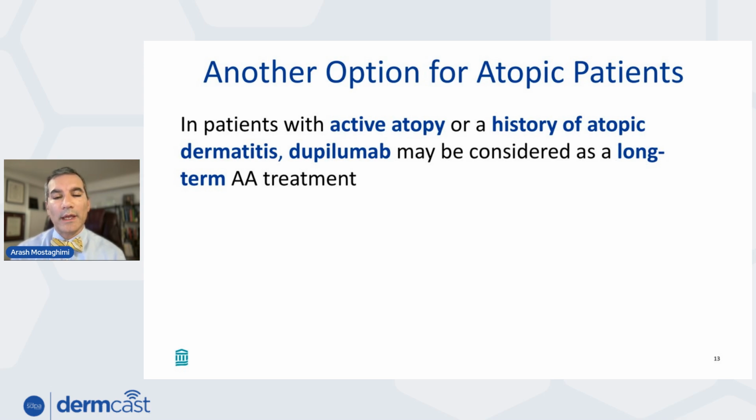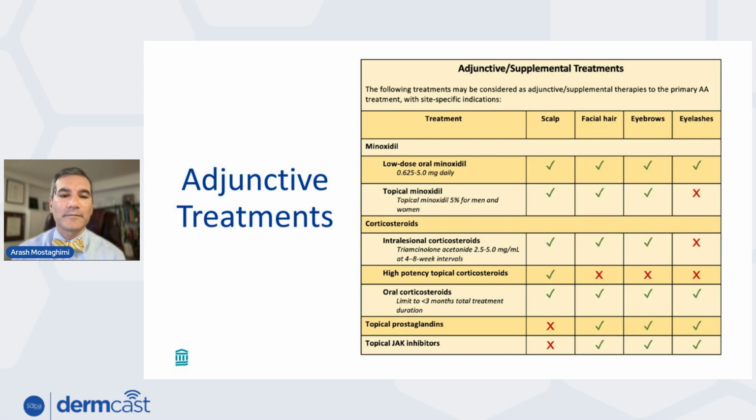It will often grow hair in these patients, though it often takes a little bit longer, and maybe the hair doesn't grow as well. But there are definitely patients who will benefit from this. It doesn't seem to have efficacy in patients who do not have that atopic history or background. So I would consider this as an alternative to JAK inhibitors if patients with severe alopecia are reluctant to take them and also have an atopic history. Next slide, please.